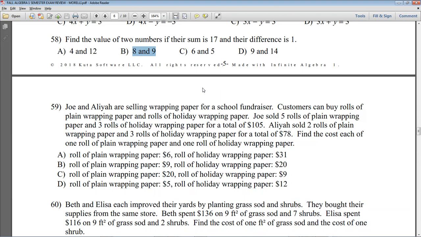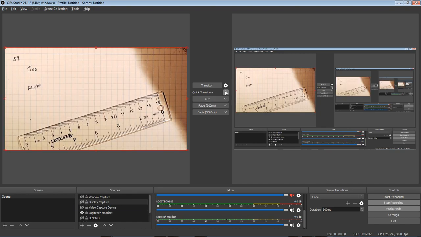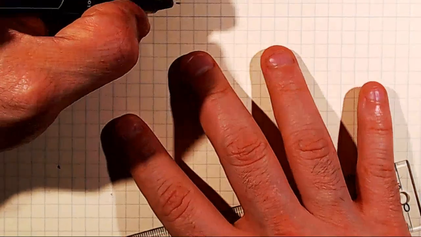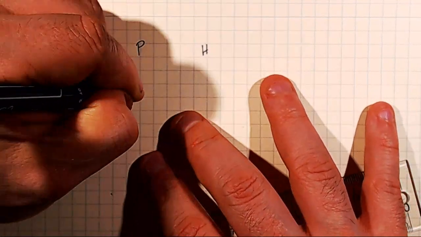All right, Joe and Aaliyah on number 59. Joe and Aaliyah are selling wrapping paper. So we're going to create a row with Joe, and a row with Aaliyah. It says customers can buy rolls of plain wrapping paper and rolls of holiday wrapping paper. So what I want to show here is Joe and Aaliyah, plain wrapping paper, and holiday wrapping paper.